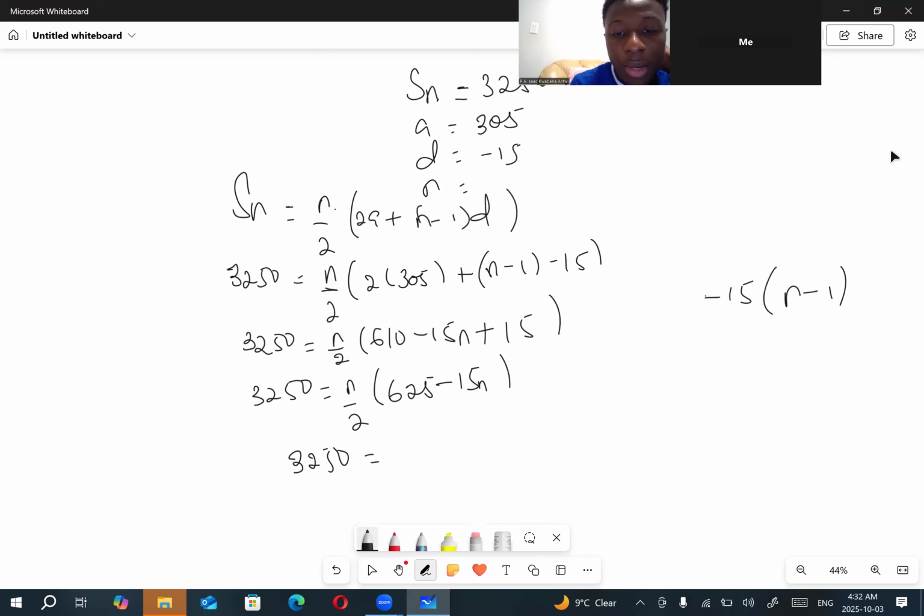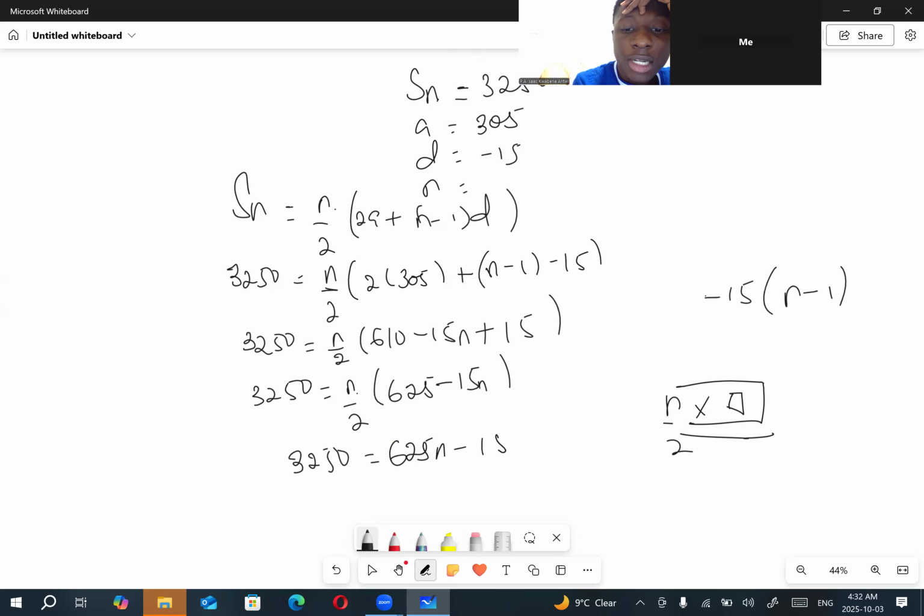Because expand the bracket. When you have a fraction multiplying a whole number, it's just the numerator against the numerator. The denominator doesn't have any business. So n will multiply the top. That will be 625n minus 15n squared, all over 2. The 2 doesn't multiply anything.